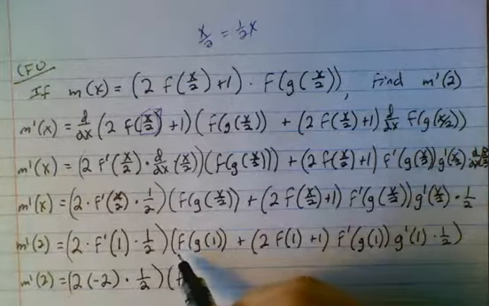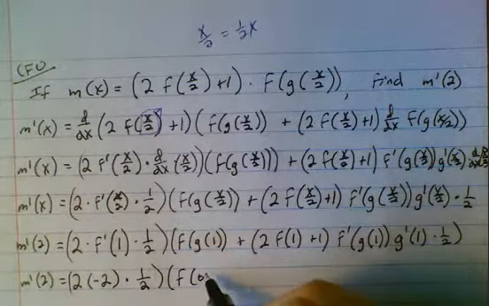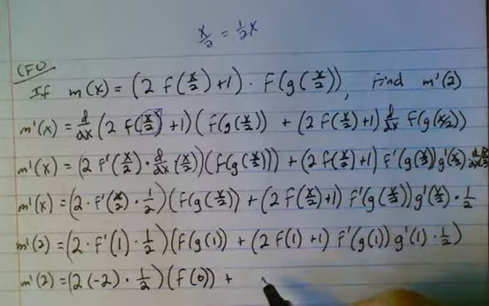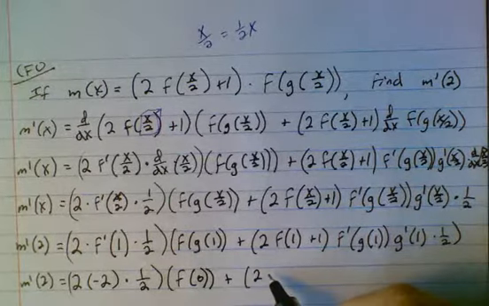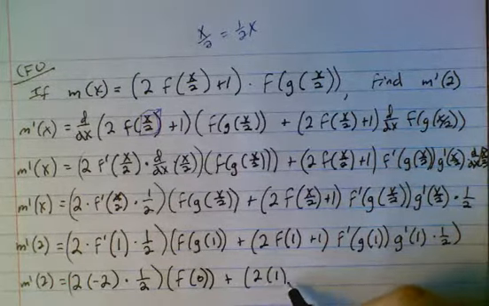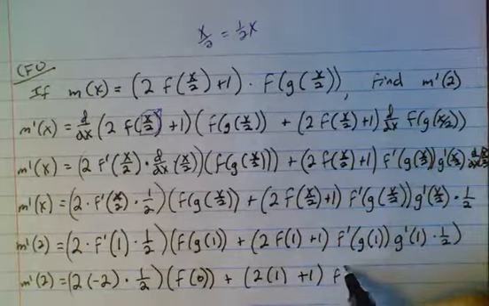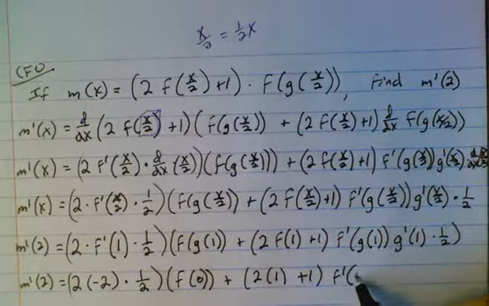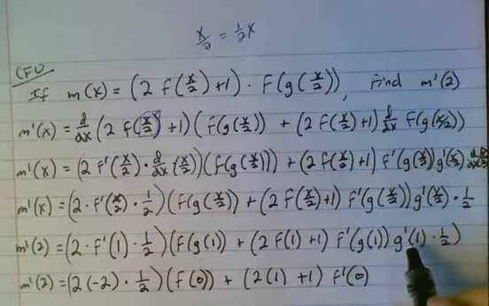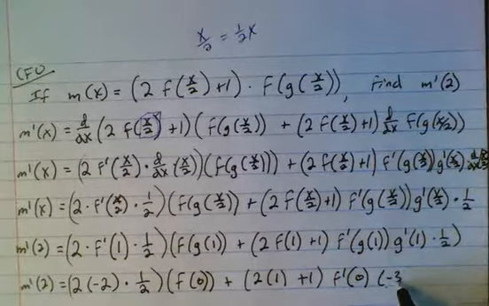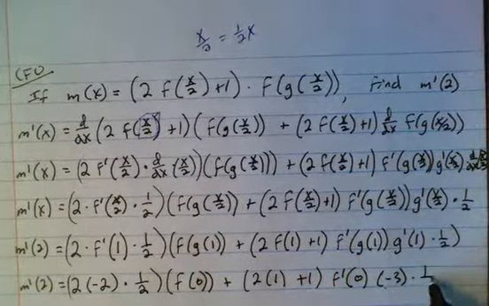Now we're going to do f of g of 1. G of 1 is 0. F of 1 was 1. We've got f prime, g of 1 was 0. G prime of 1 was -3, and then times 1/2.